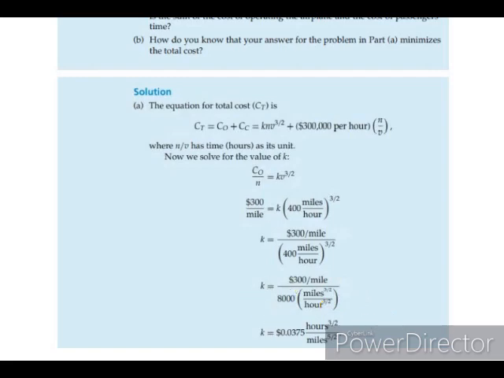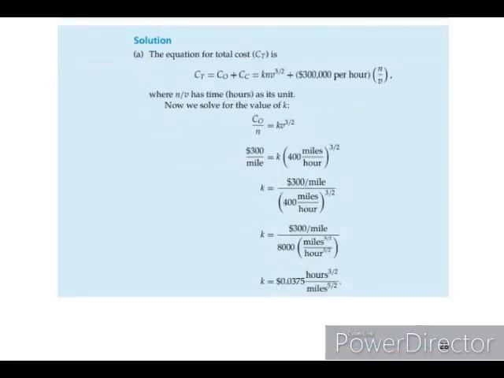We first distribute the exponent 3 halves. So 400 raised to 3 halves is 8,000. Then miles raised to 3 halves, then hours raised to 3 halves. Now we can divide 300 by 8,000.